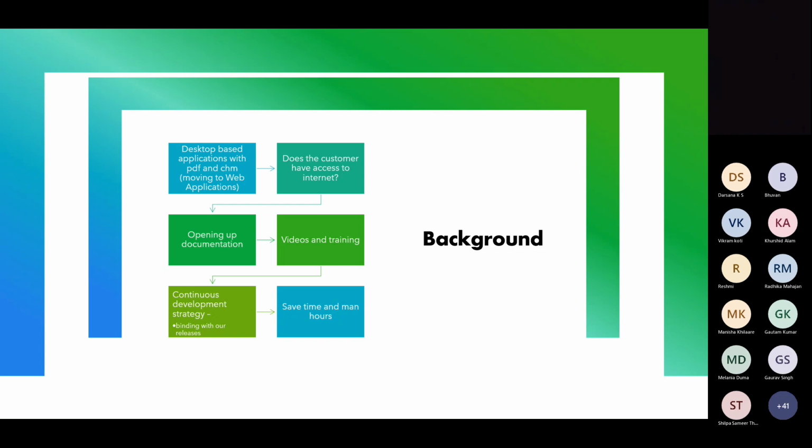We also wanted to reduce the manual effort required at the time of releases. That is when we looked into a lot of software and platforms that provide online documentation, and then we picked Fluid Topics.